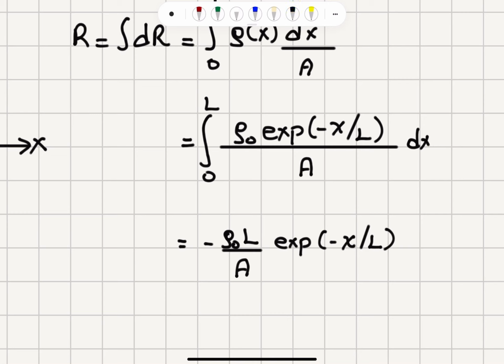The derivative of the inside is minus 1 over L. Minus 1 over L will cancel with minus L, and we will be left with this integrand.